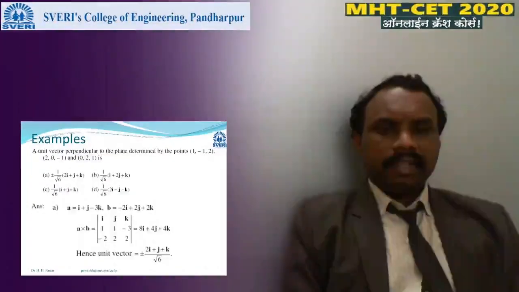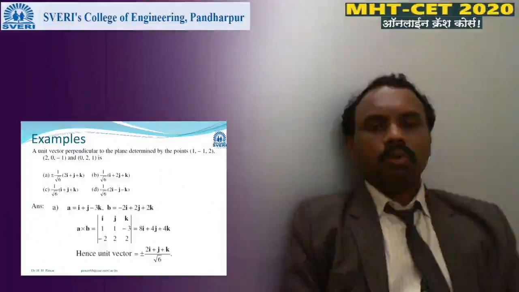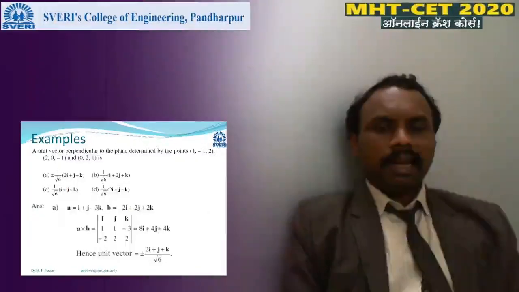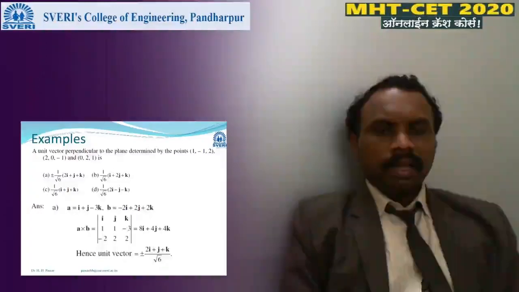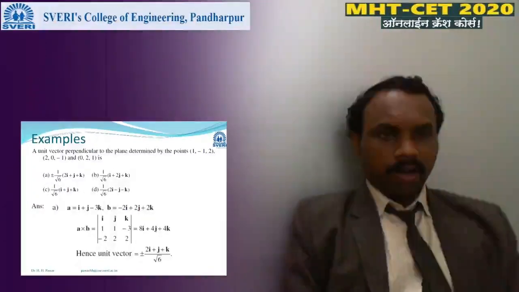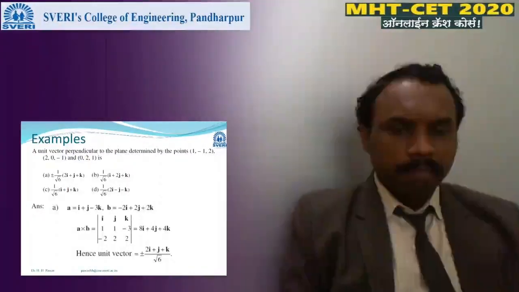Now we'll see an example. A unit vector perpendicular to the plane determined by the points (1, -1, 2), (2, 0, -1) and (0, 2, 1) is. Now here, for our convenience, consider the position vectors of the points A, B, C as a bar, b bar and c bar.